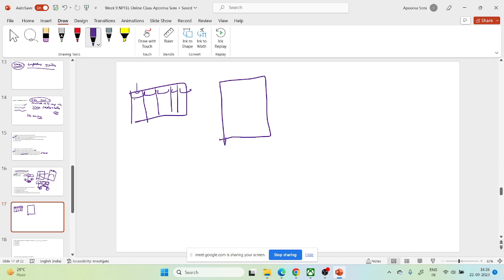What will happen? The DNA with the loading dye that I have added will get diffused all over. If this was the well where I added my DNA along with the loading dye, after half an hour I will see it like this. It will diffuse. Why?